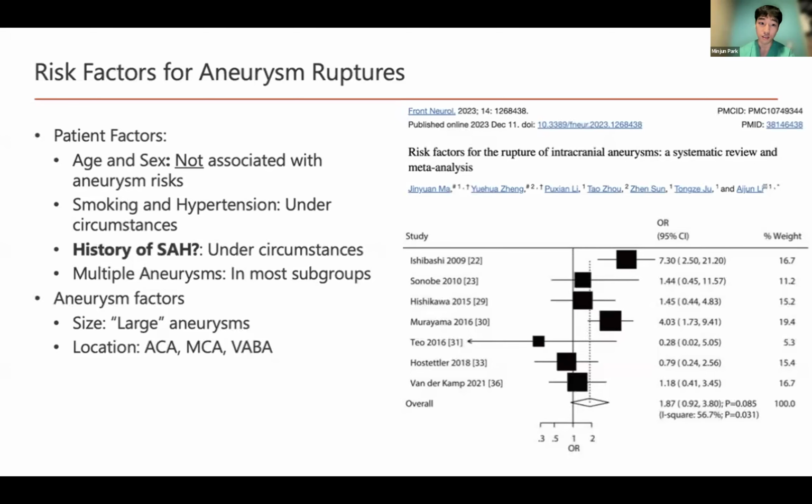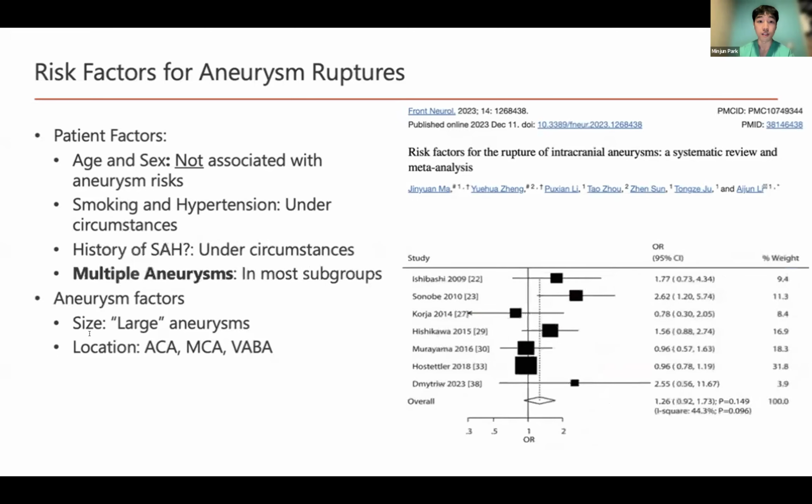But the meta-analysis shows that it's not necessarily always a go-to, except in subgroup analyses, where in Eastern countries or in prospective cohort studies, a history of subarachnoid hemorrhage does increase the risk for aneurysm ruptures.